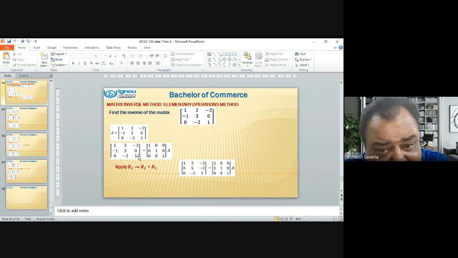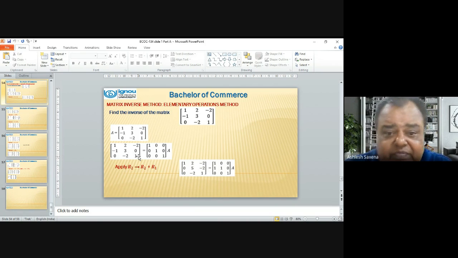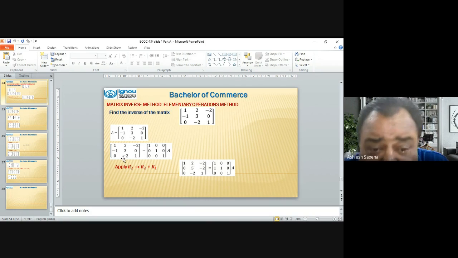Correct? Now, first step. Move to row 2. If we talk about row 1, we already have 1 over here, so try to avoid it. Don't use it. We will be using this row for making this element 0.